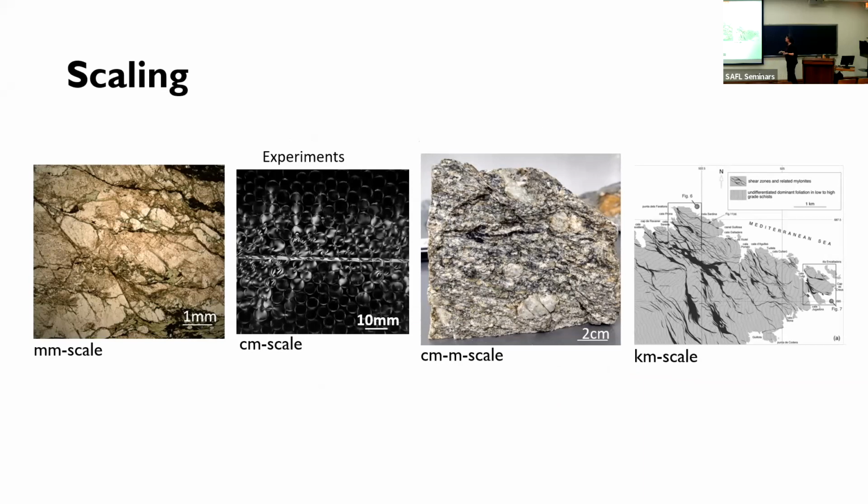If we find the same type of deformations over multiple scales, and our experiments fall within this range, then the physics that governs this range of examples is, hopefully, the same in the experiment as it is over the range of examples in nature.